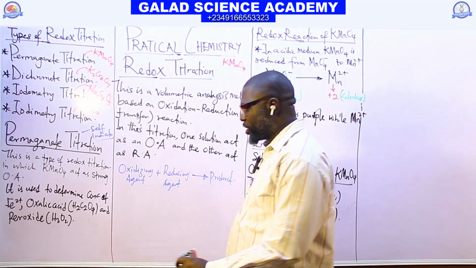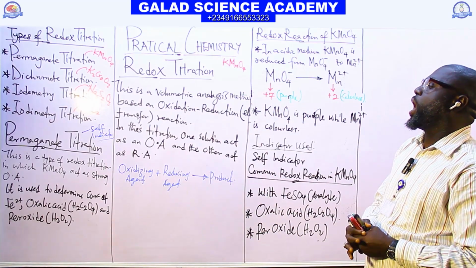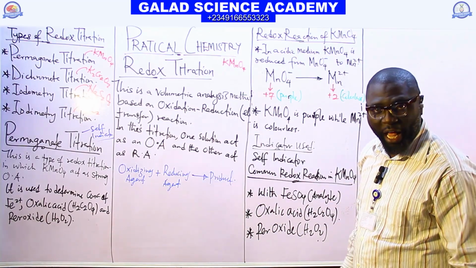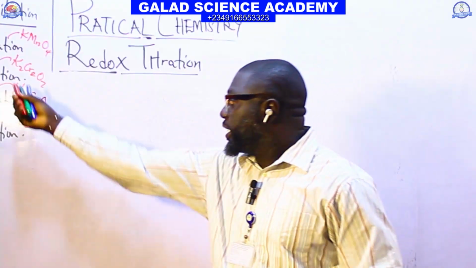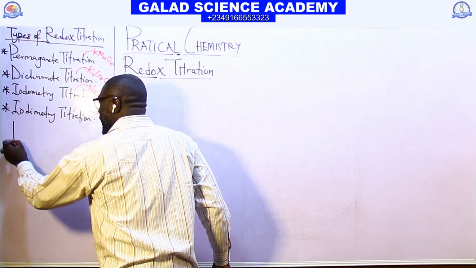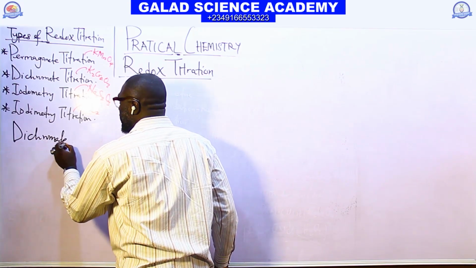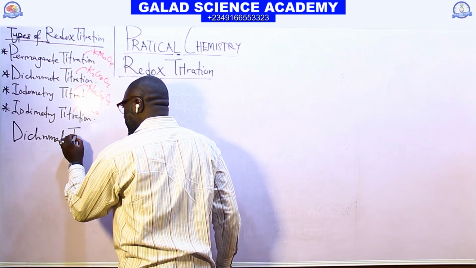That is all about permanganate titration. The next thing is the second type of redox titration, which is dichromate titration.